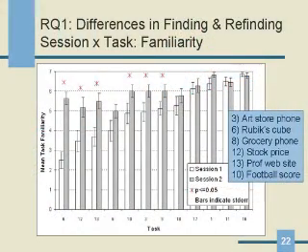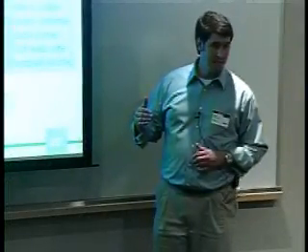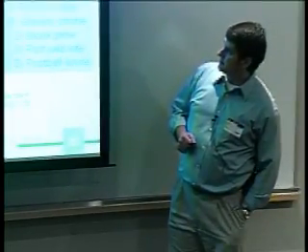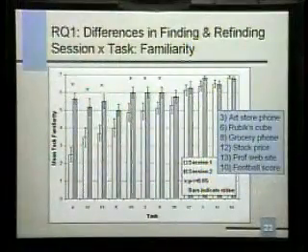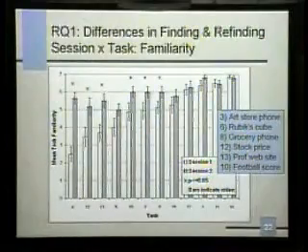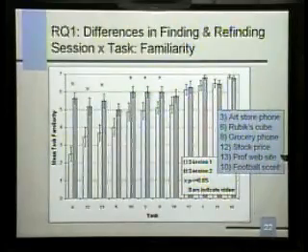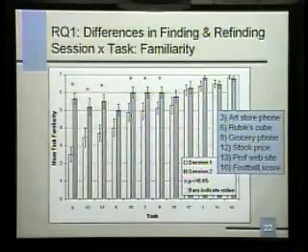Maybe this will. So we did also look at the session by task in terms of familiarity for the post hoc analysis. And again, this is very interesting too, because you have a number of tasks where their familiarity went way up on the second day. Now, I guess you were asking about the correlation between the two. I don't remember if we looked specifically at that, but I imagine there is a correlation because the professor's website and Rubik's Cube and things are on there, so there's probably some correlation.